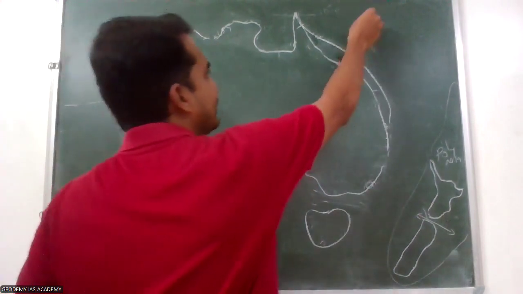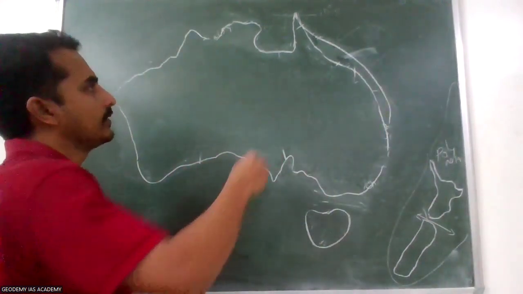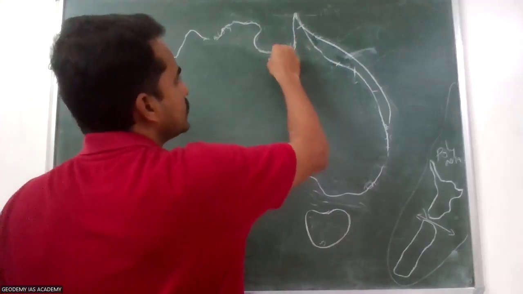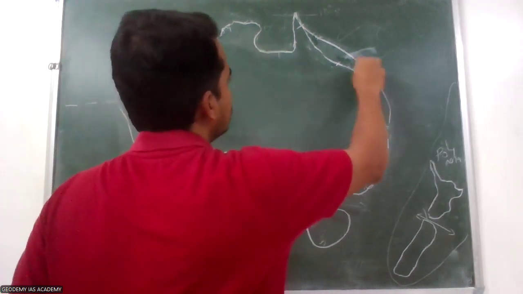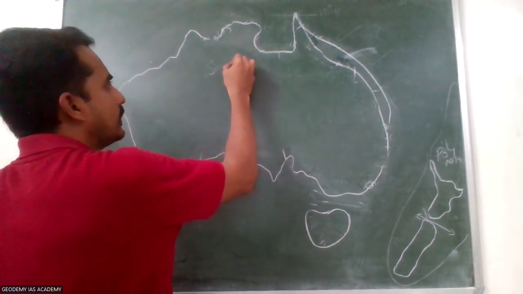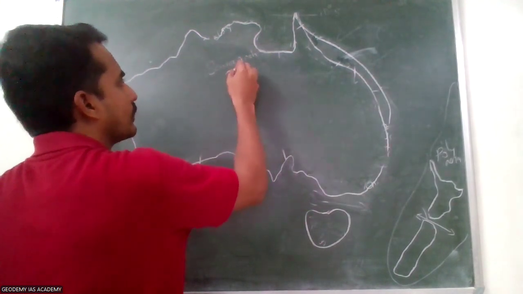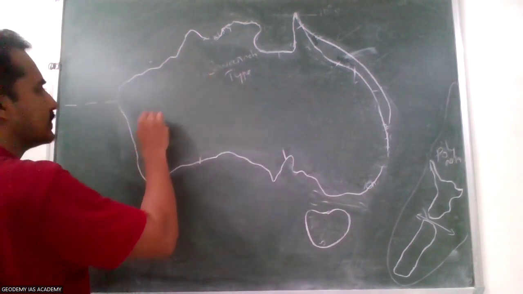Here the trade wind is onshore in the eastern part of Australia, so these regions will have the monsoon type climate. In the central part it will have savanna type, and almost the western part is desert type.